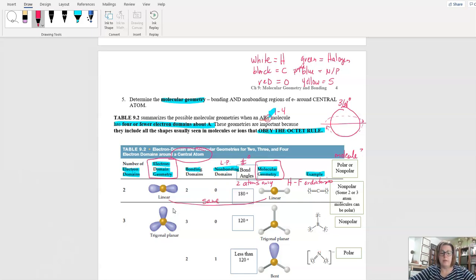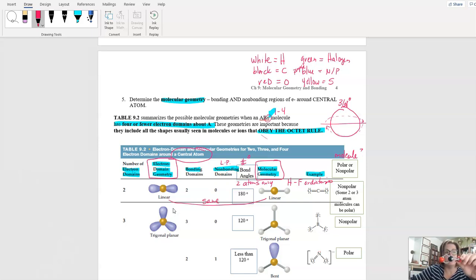Let me show you one that actually has more than two atoms, like carbon dioxide. And I built carbon dioxide for you because with carbon dioxide, as you see in the picture, carbon, two double bonds on each side, and you can actually make the bonds bend like that too. So carbon's in the middle, two oxygen. But notice with carbon dioxide, it doesn't have any lone pairs.